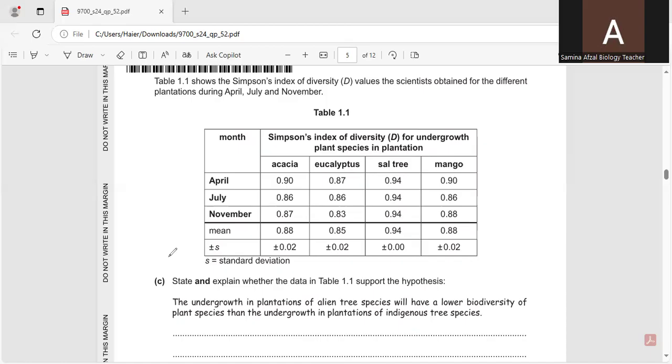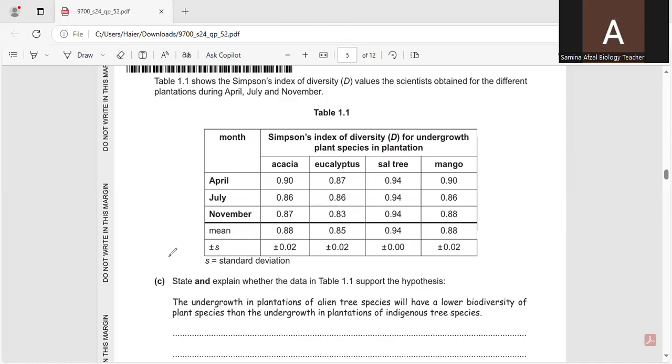Only the child has a little bit less than them. So the question is: state and explain whether the data in Table 1.1 support the hypothesis.